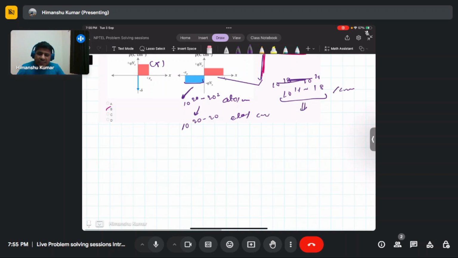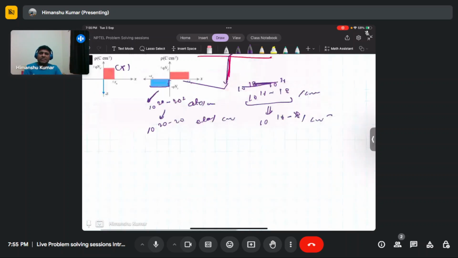And if you consider a single-electron dopant, then you will see 10^16 to 10^18 per cubic centimeter electron density. You can see this number, so basically it's two orders of difference in the concentration. So that's why there will be two orders of difference in the depletion width and so on.